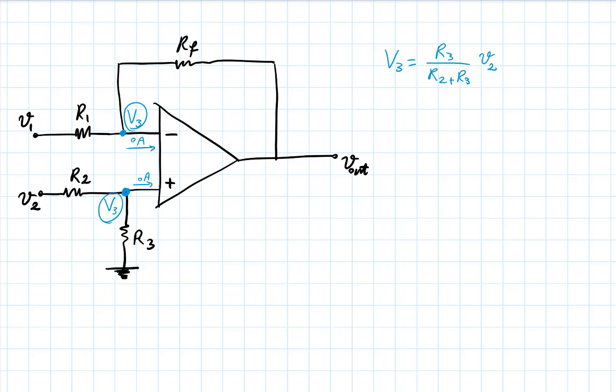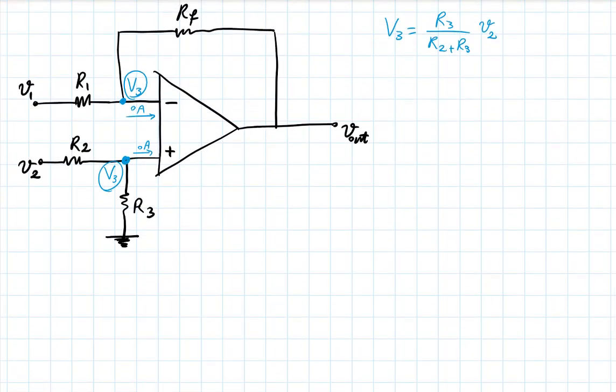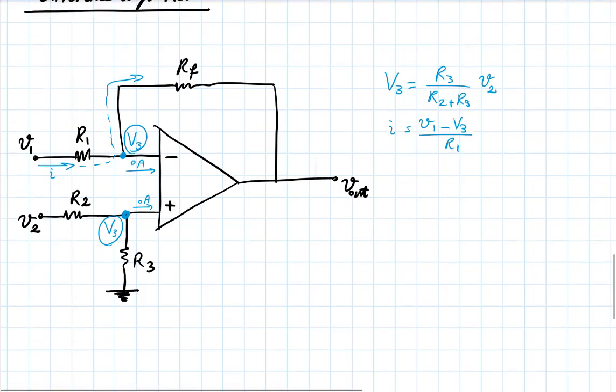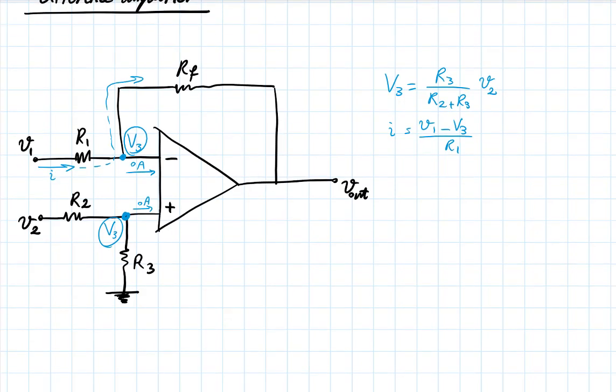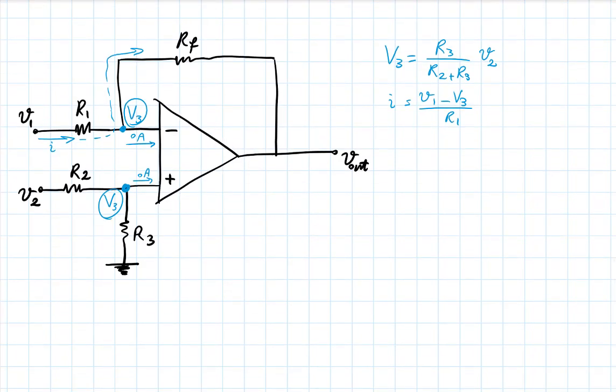And if you have V3 there, then you know this current. Let's call this little i. i is going to be V1 minus V3 divided by R1. And by KCL, the same current is going to go all the way through RF. So V out is going to be V3 minus RF i.